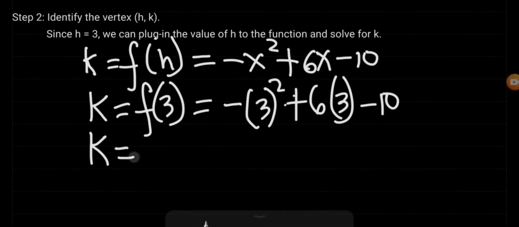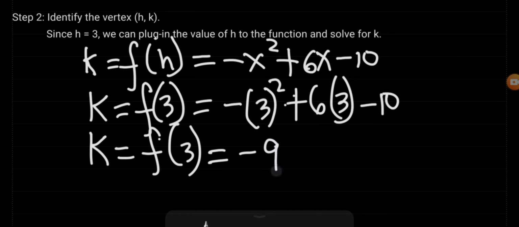So k equals f of 3. Negative 3 squared is negative 9, plus 6 times 3 is 18, minus 10.